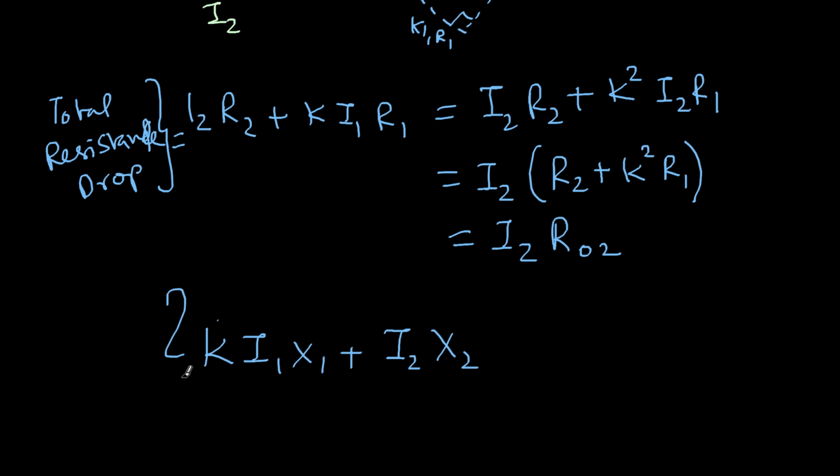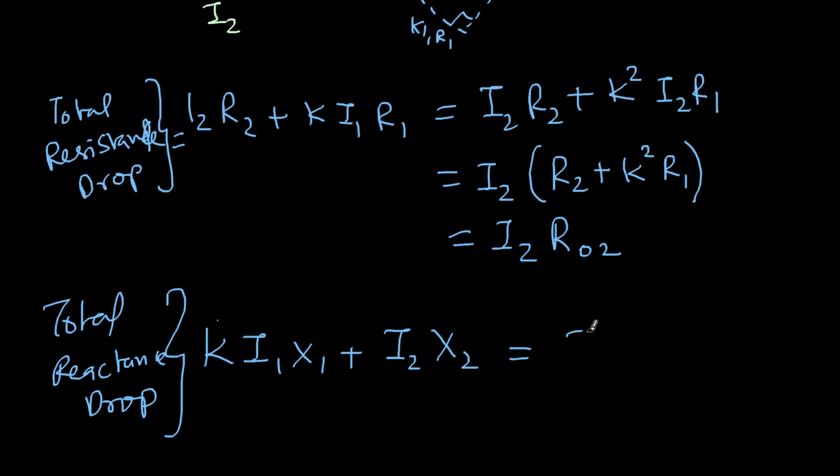This is total reactance drop. And this one will come out to be I2 into X02. Of course, J will be there because each X has a J. So the relation will be 90 degrees leading I2.